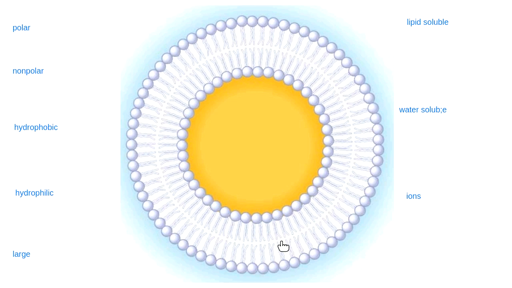So let's start with our first set of words up here. When we talked about the tails, did we say that the tails were polar or non-polar? What were my tails? Polar or non-polar? Yeah, a couple of us remember. My tails are non-polar.